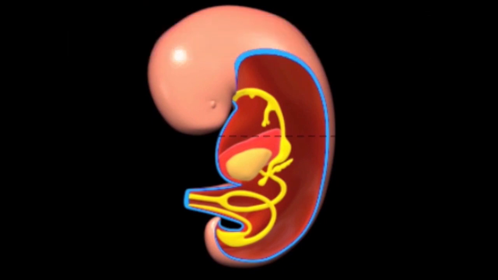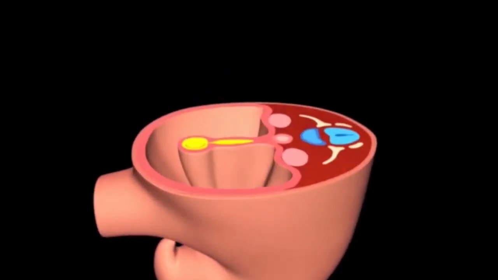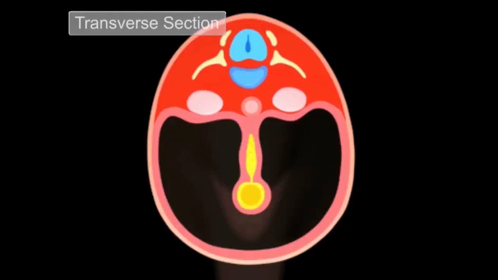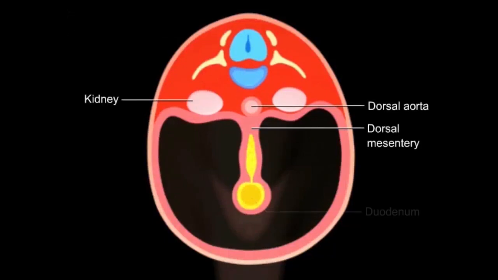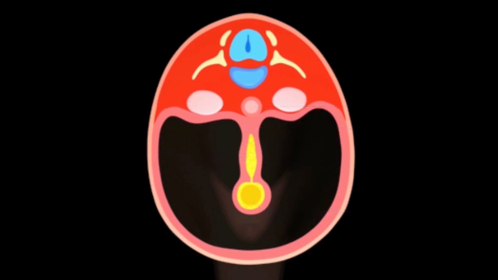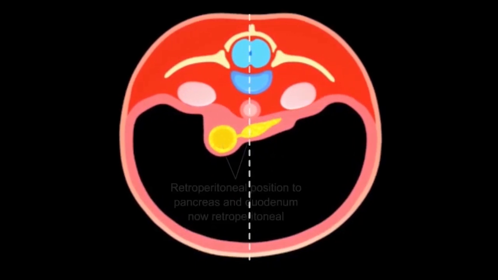Let us look again from above at a cross-section of the embryo. Following rotation of the stomach and duodenum, the pancreas and duodenum are now mostly retroperitoneal.